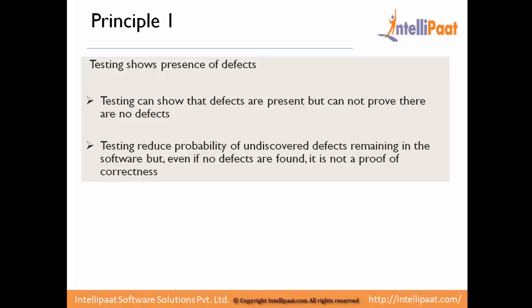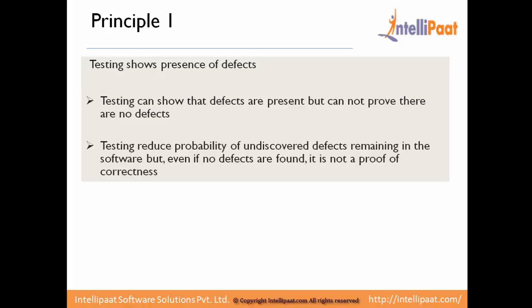In other words, if the tester cannot identify more defects, or if the end users cannot identify more defects while they are using the application, it still does not mean that the software does not have any defect. The software could still have at least one or two defects which might not be identifiable by the tester or might not have been experienced by the end user.